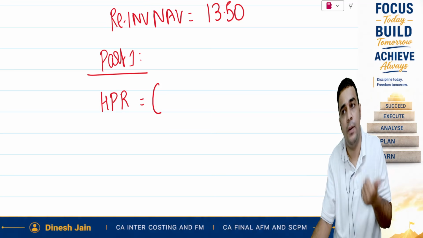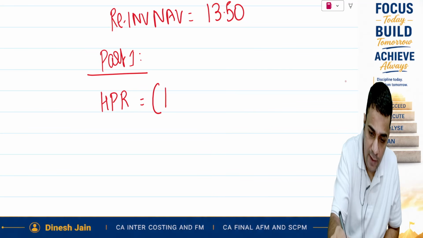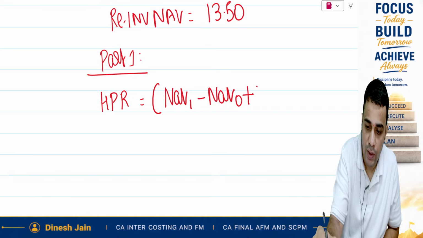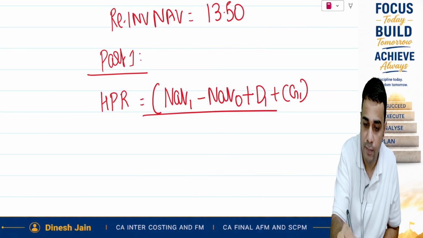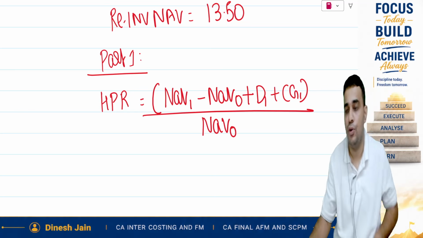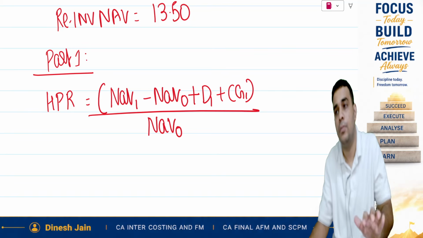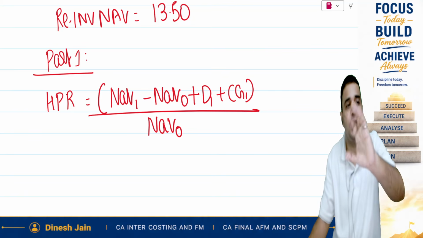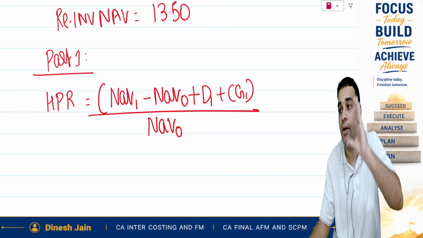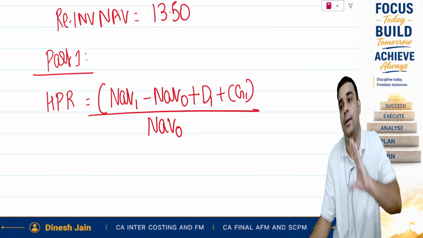NAV1, NAV0, D1, CG1, NAV0. Should I do 12 by M? No. The 6-month period I just modified, it has no use, because we are calculating holding period return.